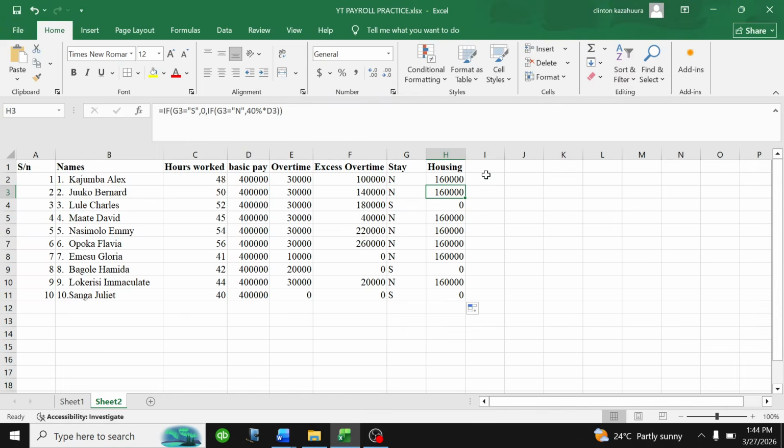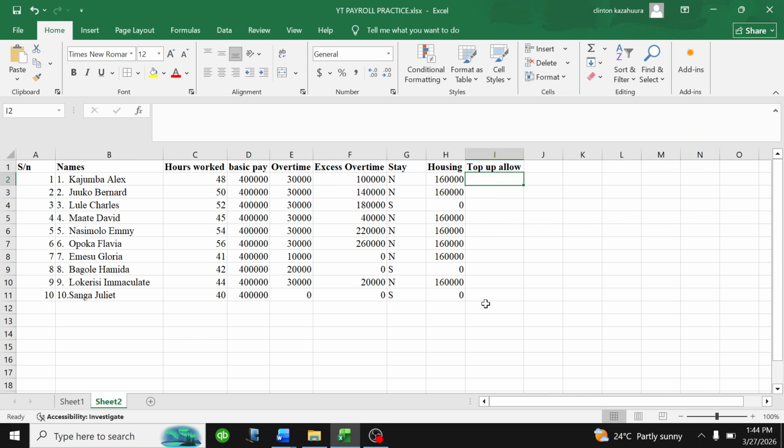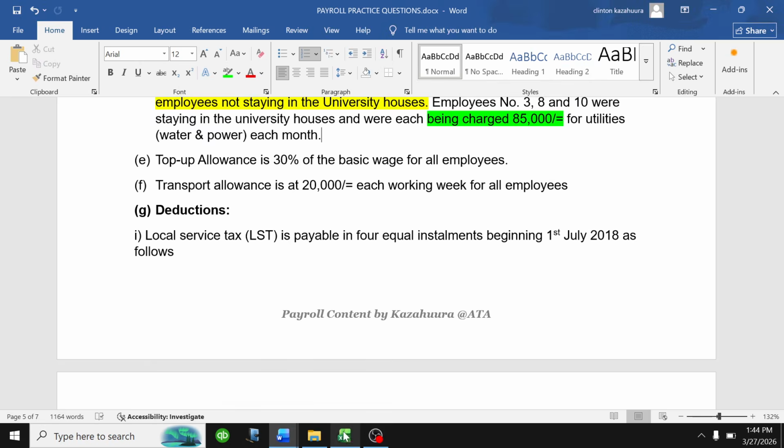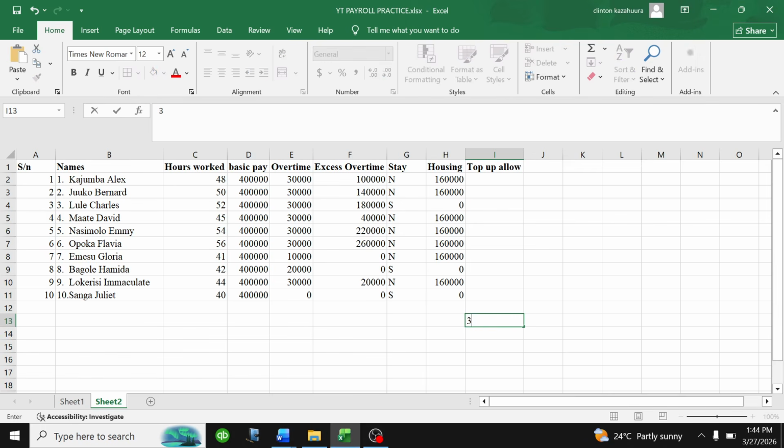It's for all employees. So I can say top up allowance. I first create, there is a hack I gave you, have to lock the cell. So they've told us it is 30%. Good. So I first put 30% here.